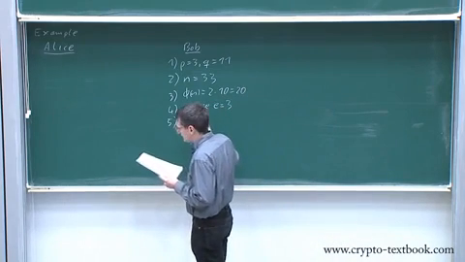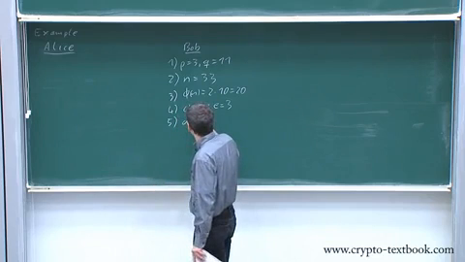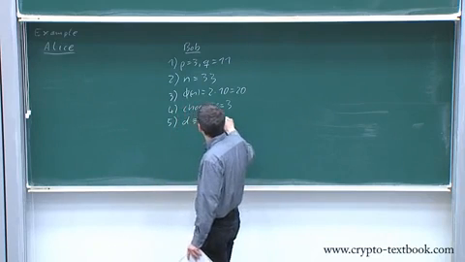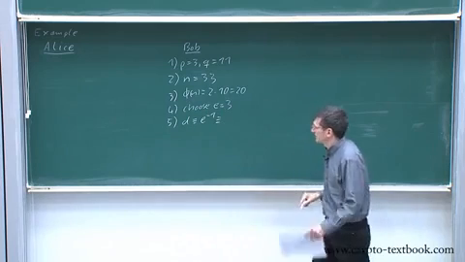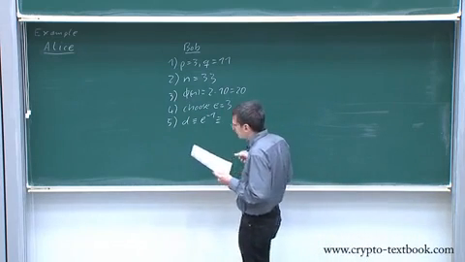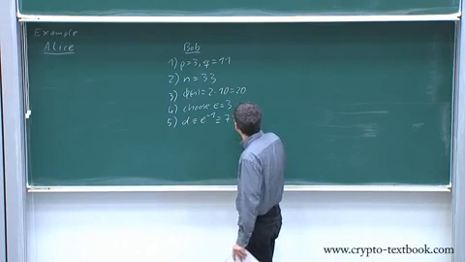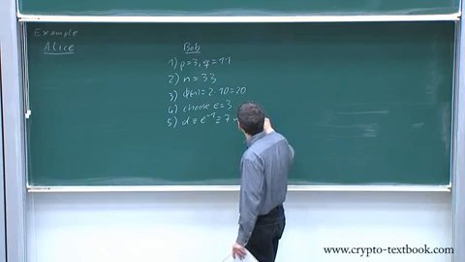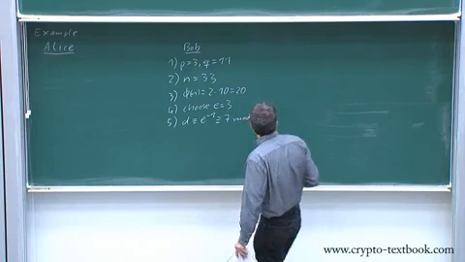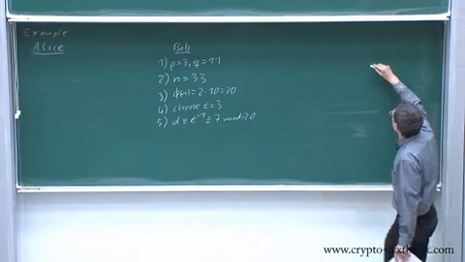Now we have to compute d. d is the inverse of 3, which turns out to be actually 7, modulo phi of n, modulo 20.